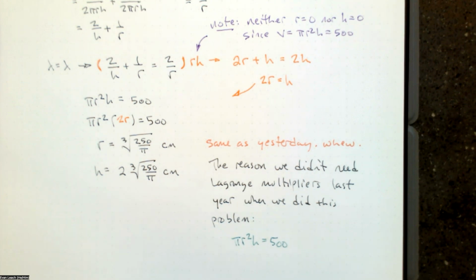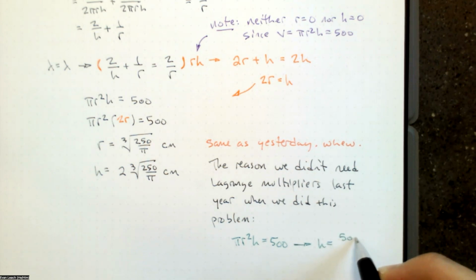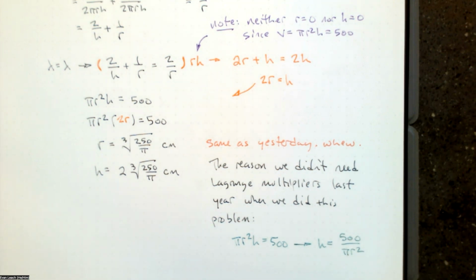And it was easy to solve this for h. We were able to solve the constraint for one of the variables and eliminate it from our objective. We were able to rewrite the objective into one variable.